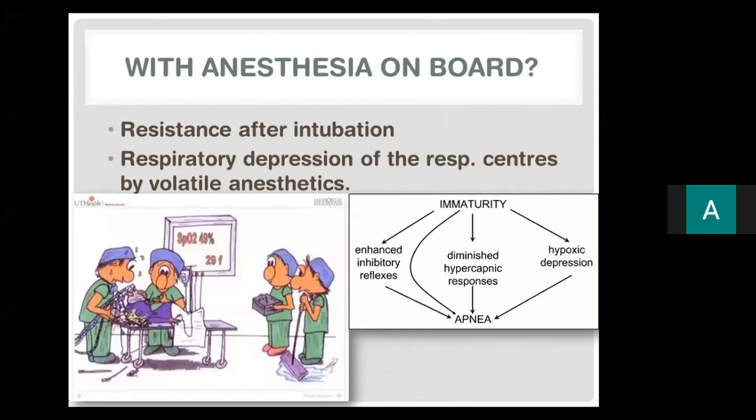If we go back to the previous slide and look at the respiratory muscles, the configuration of their chest wall, and their lungs, they're going to experience a lot more resistance, yet they're using the same anatomy to breathe against that. So that's something to keep in mind. They'll tire easily, and so sometimes you have to keep ventilating them or give them periods of assisted ventilation to help with that resistance.